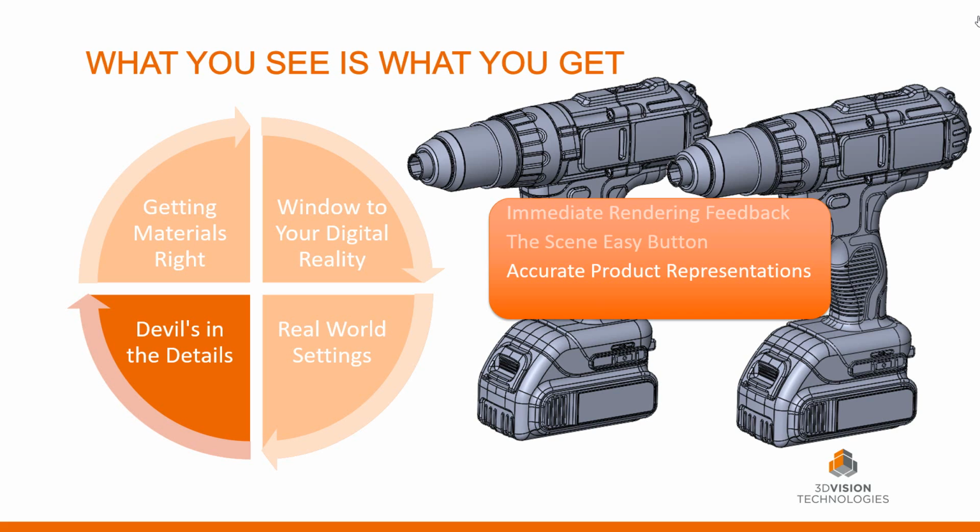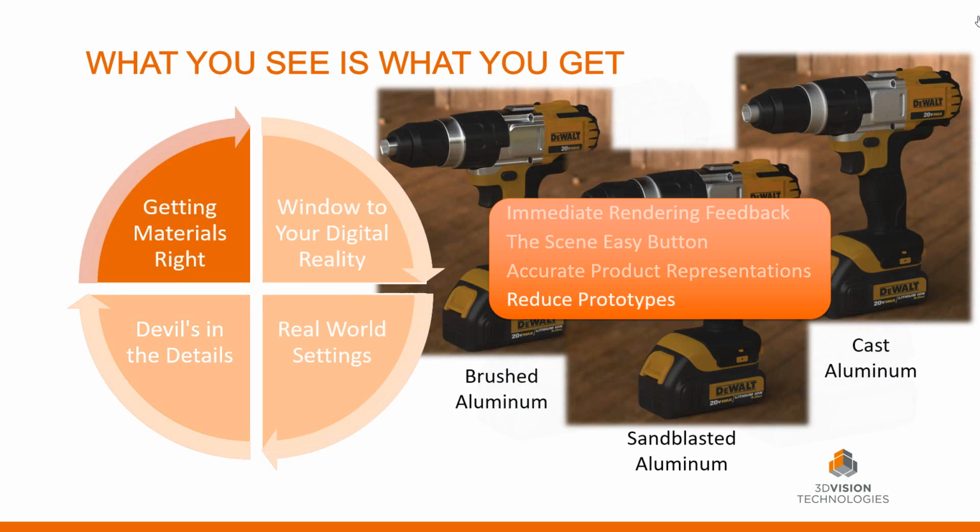And we showed how the devil is in the details, that as we get more accurate product representations, whether it's adding more detail or taking detail out one way or another, what we see in Visualize is actually what our product's going to look like. And we were able to reduce prototypes because we were able to get materials right by doing renderings beforehand, before we actually go get a prototype to find out that brushed aluminum was way too shiny for a job site.